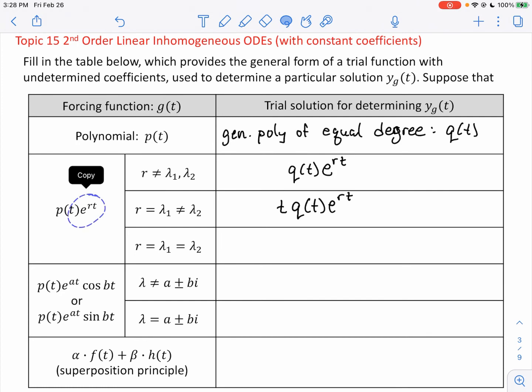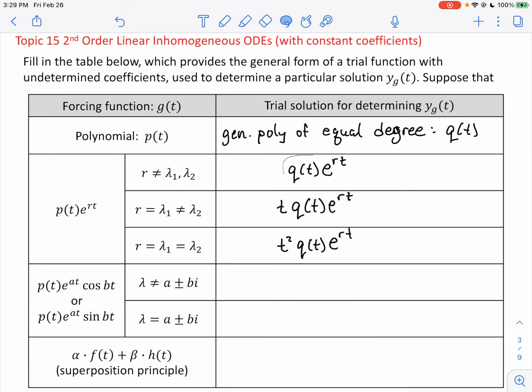Now if the r that's in your forcing function exponential equals both of the roots of the characteristic quadratic polynomial, in other words, if they have the same real root that's repeated, and that's the same as the r, then what you need to do is multiply t squared with an arbitrary polynomial of equal degree as p times e to the rt.